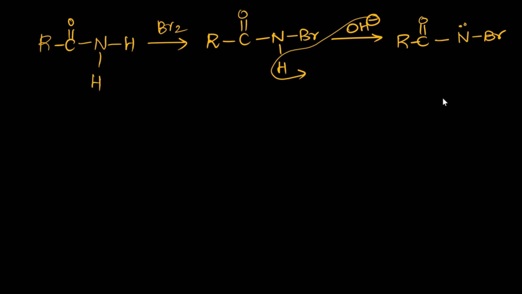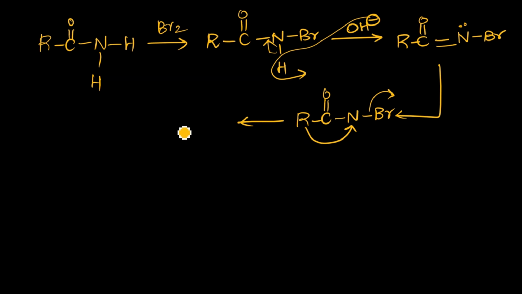Now, once the hydrogen is leaving the compound, that will form a double bond over here, which will form RC double bond O N Br. Br will leave the compound and the rearrangement happens over here.